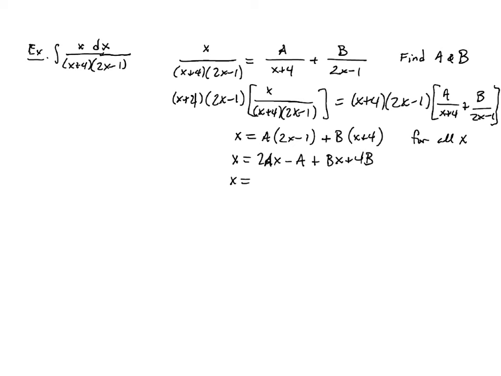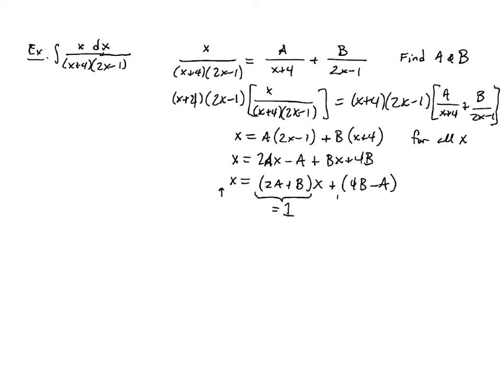And collecting like terms, we get 2A plus B times x plus 4B minus A as the constant. And since that's equal to x, that says that the coefficient of x here has to equal the coefficient of x here, which is a 1.